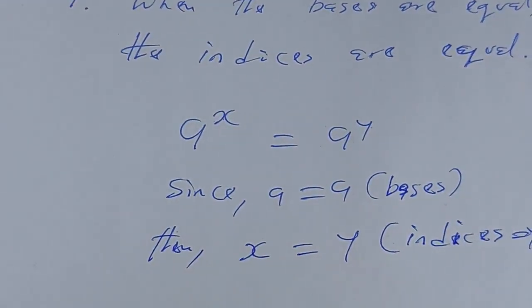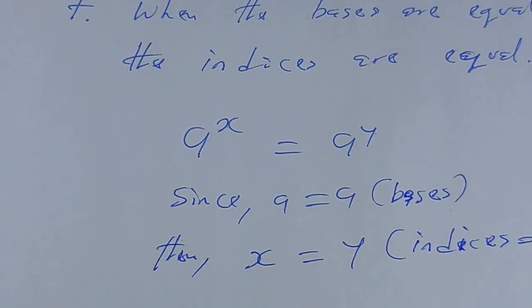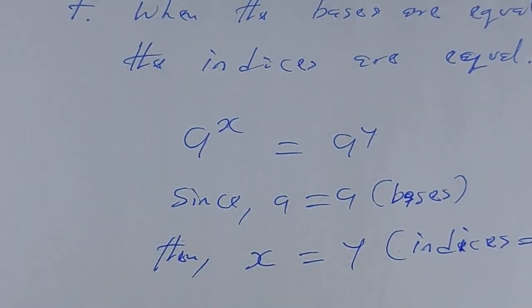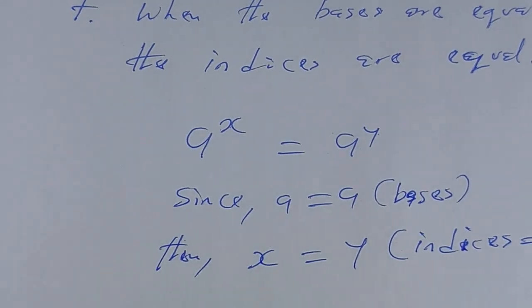So it means that if the bases are equal, then the indices, the powers, are equal also. So anytime you see a particular base equal to a particular base, that means the indices, that's the powers, are equal.